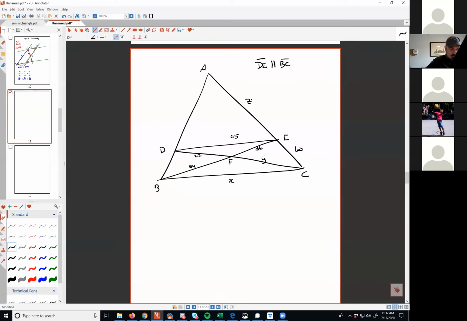We're going to find the values of all the variables.